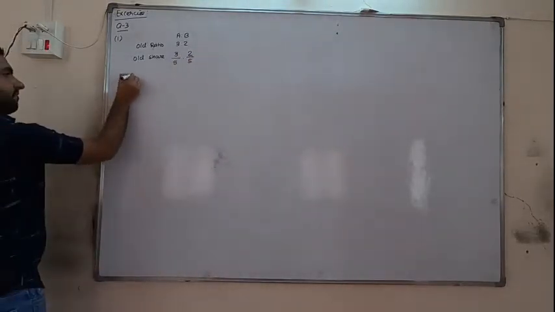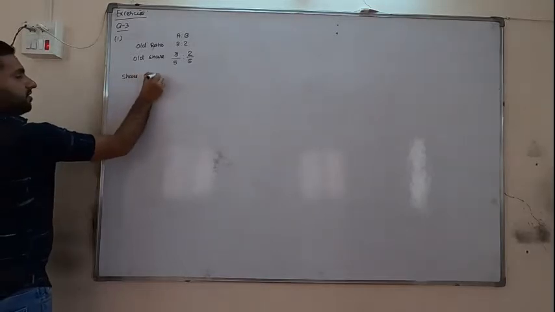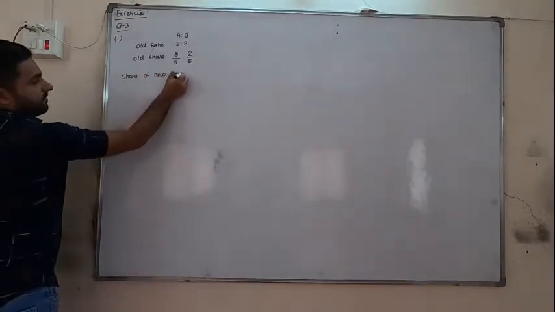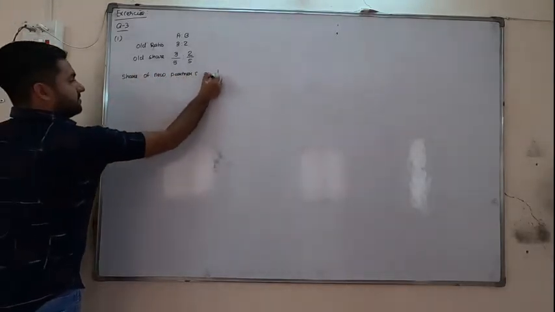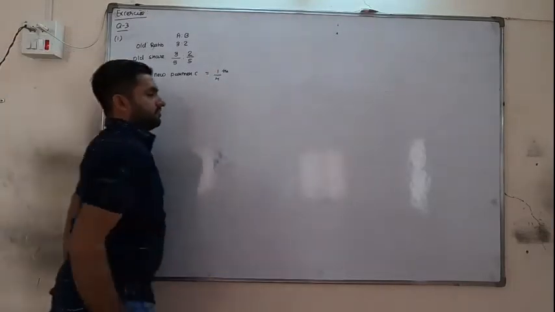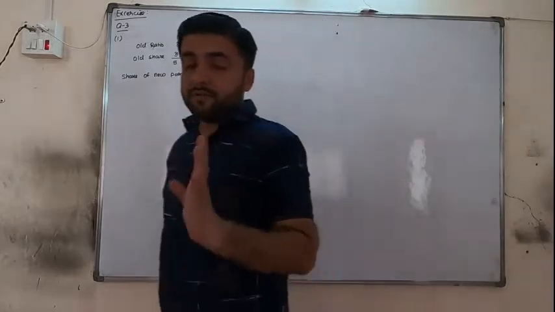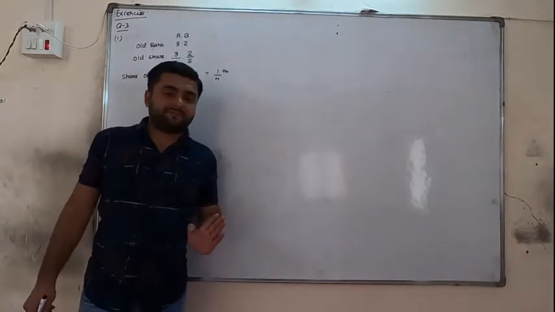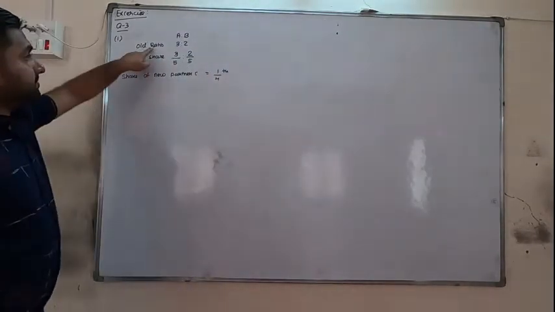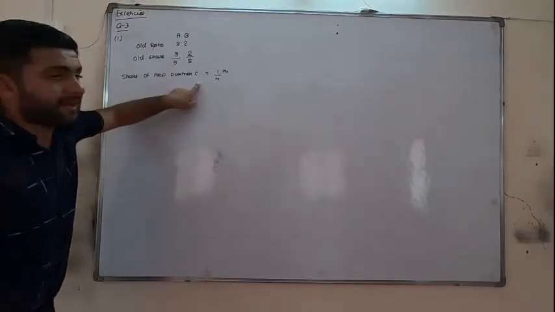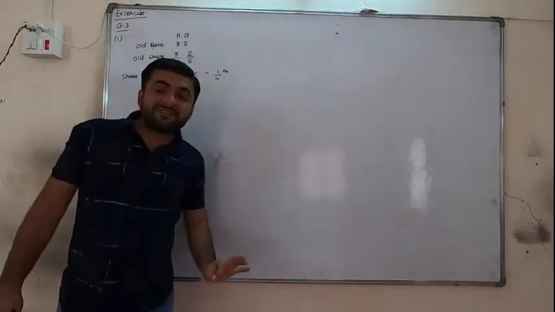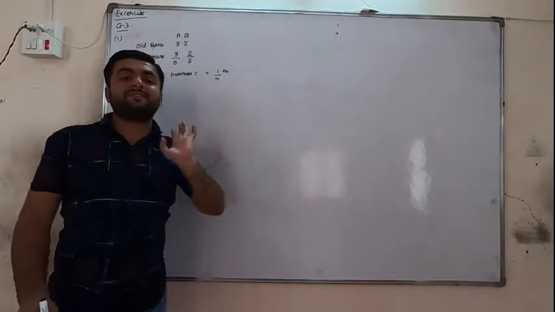Then share of new partner C, 1/4. Is it right? Now you read the heading of case 1. Old ratio and share of new partner will be given. On that basis you calculate the new ratio and sacrificing ratio.